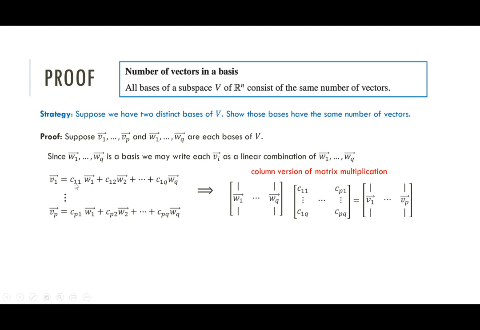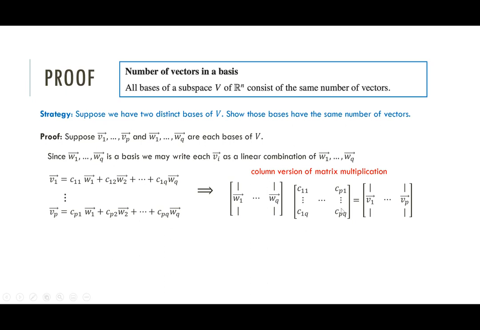So the coefficients on this first row are lined up in this column, and the last row of coefficients gets lined up as a column in this matrix. And then the last matrix is the matrix where the column vectors are all the V basis vectors.